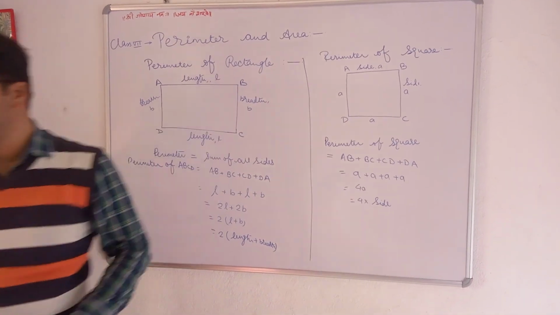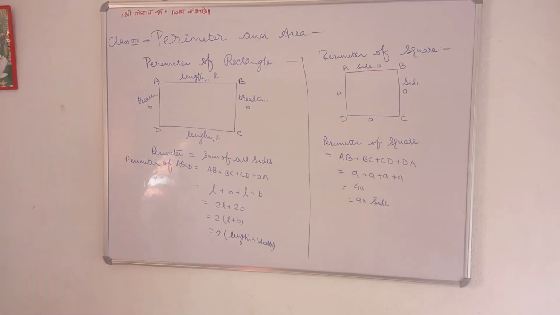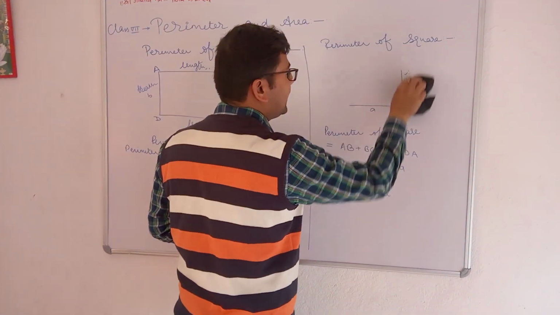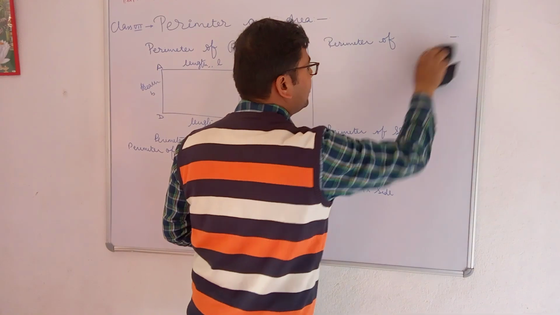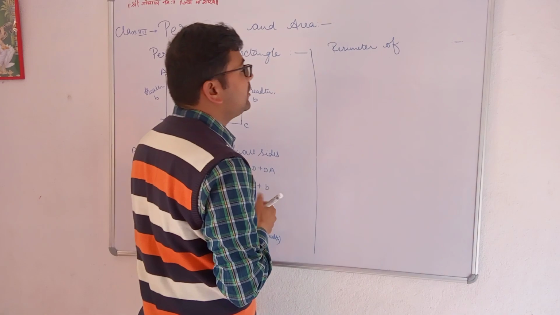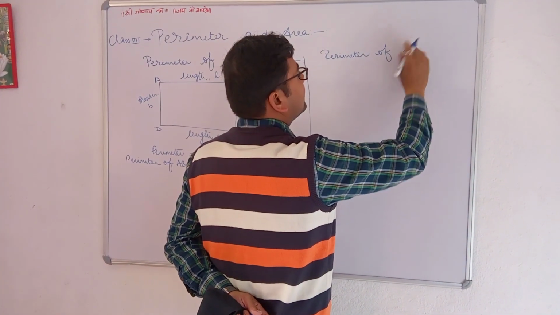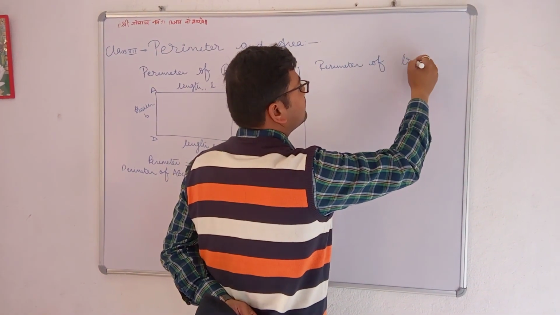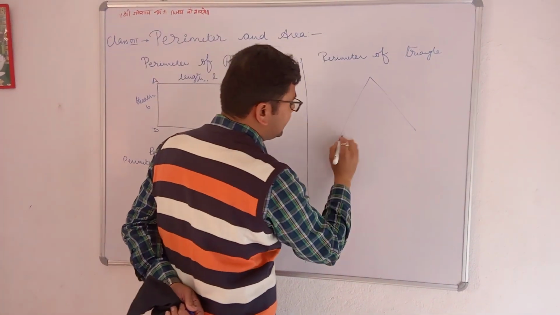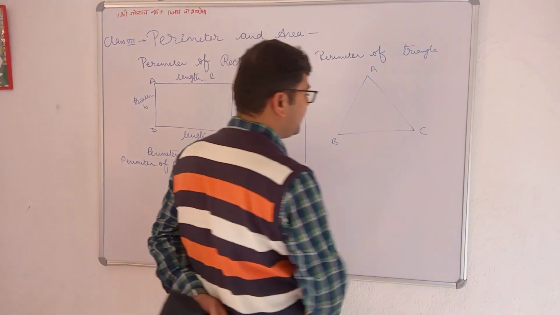Let us consider a triangle. Perimeter of any triangle, not an equilateral triangle, just a triangle. We have made a triangle, that is A, B and C. Okay.